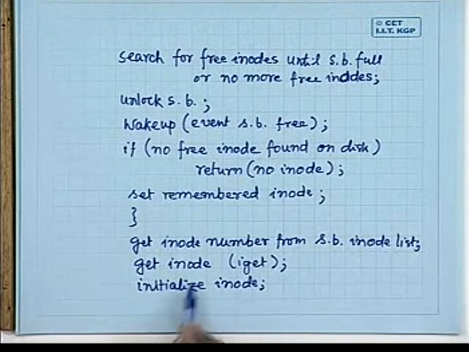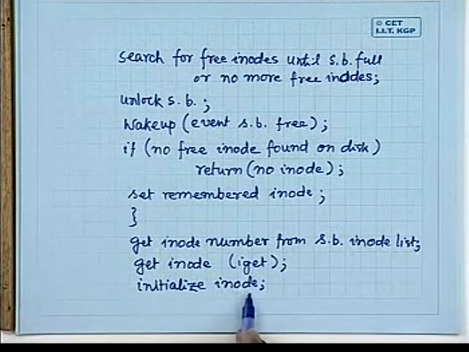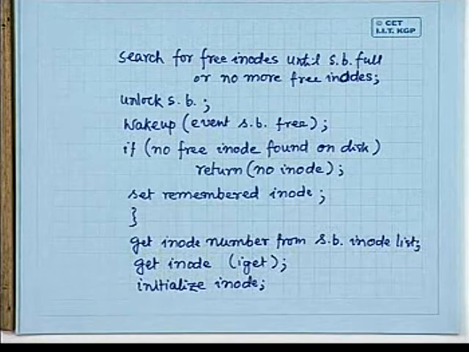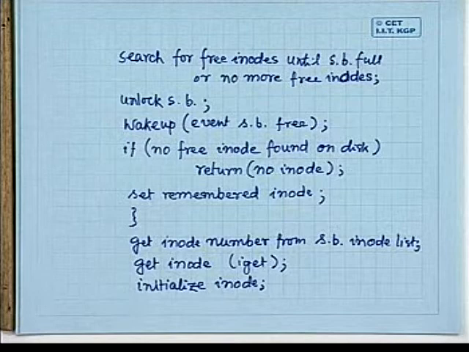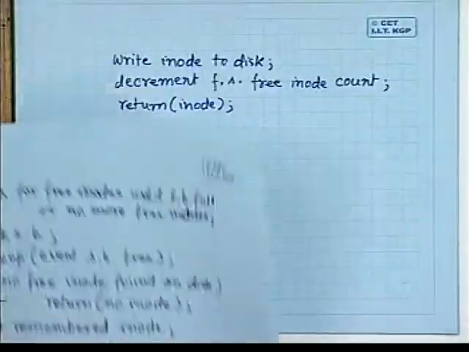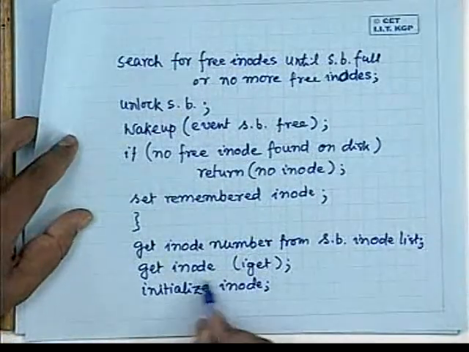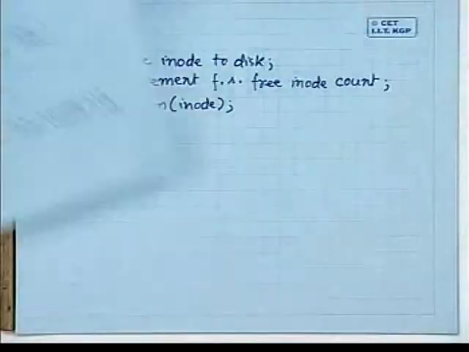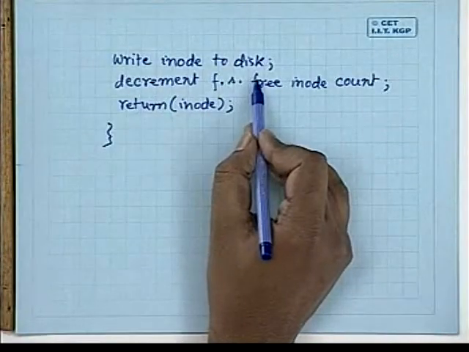Once you get that, then you have to initialize the inode. For initialization, what I mean is you have to set the reference count equal to 1 and other necessary things. Once that is done, then this updated copy of the in-core inode has to be saved onto the disk inode. So you write the inode to disk.